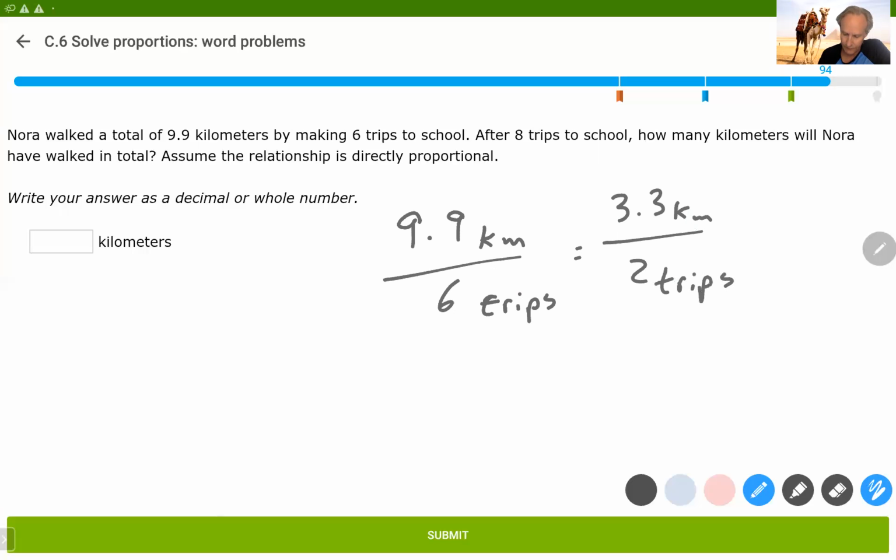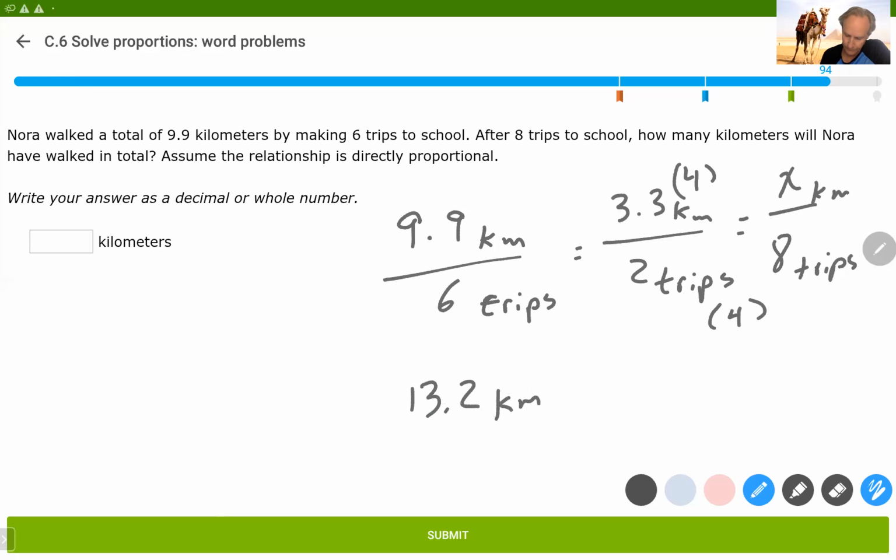That way it's at least reduced. And we want 8 trips. So we multiplied by 4. And when we multiply by 4, we're going to get our solution in X kilometers. And that's going to be 13.2. All I did was multiply the 3.3 times the 4.